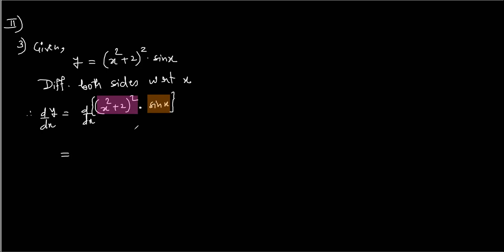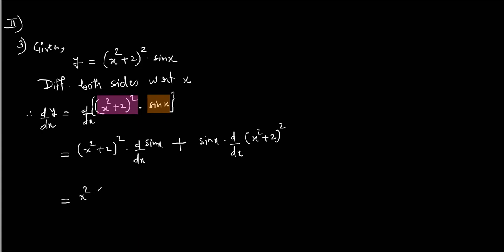When one of these is differentiated, the other one is simply multiplied. So I will write x square plus 2 square multiplied to derivative of sine x, then plus sine of x multiplied to d by dx of x square plus 2 the whole square. So next step. So here I have x square plus 2 square and d by dx of sine x.